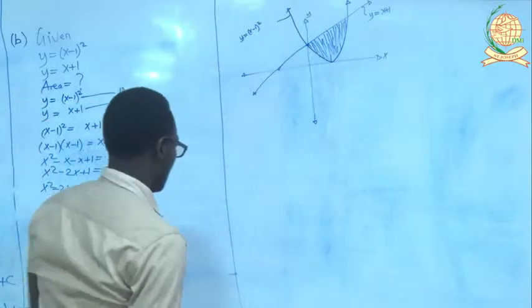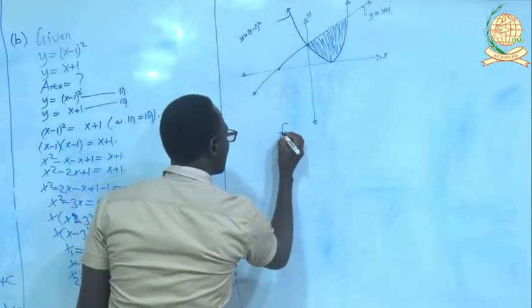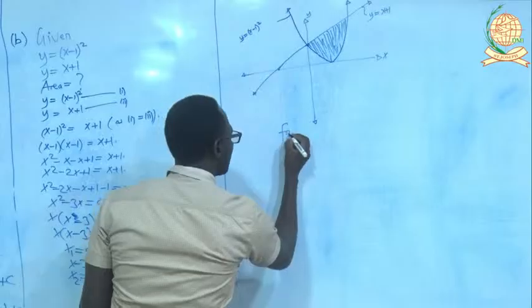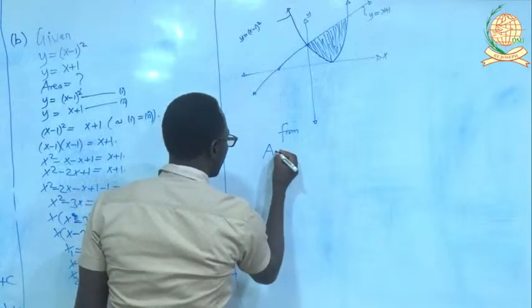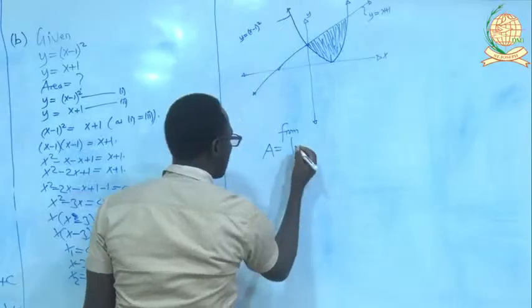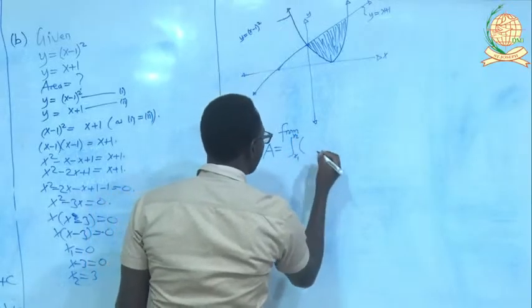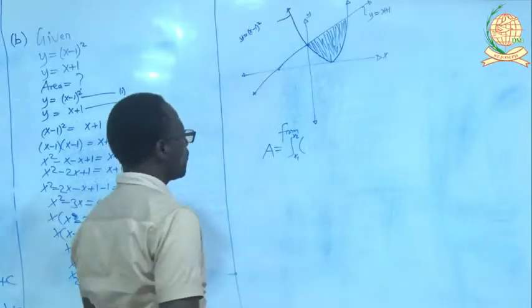After that, now write the formula. Area equals the integral from x1 to x2. You take the upper curve minus the lower curve.